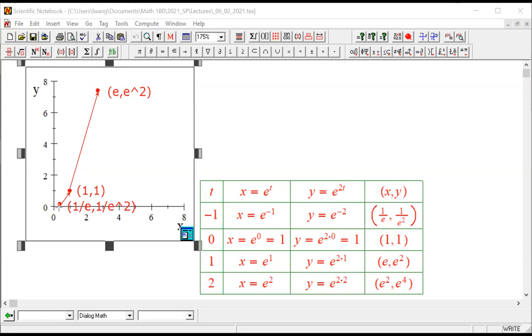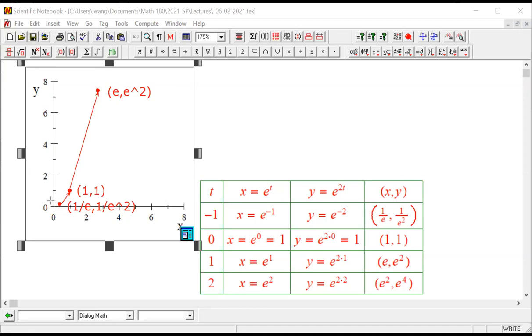Okay, so now if we connect the dots, what are we going to see? That's the question. Right? This curve will never touch the x-axis and it will never touch the y-axis, because x, y are always positive. So the curve probably starts somewhere very, very close to 0, very close to this dot, as say t equals negative infinity.